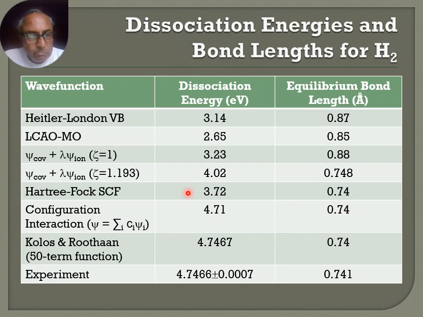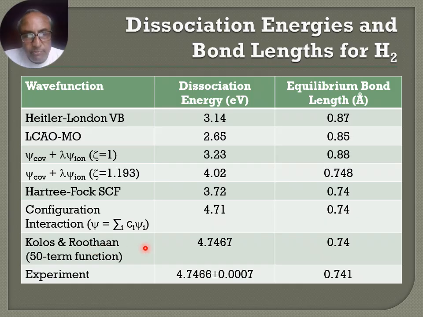Okay. The other methods: if we use the Hartree-Fock self-consistent field procedure, we get 3.72 electron volts dissociation energy and 0.74 angstroms equilibrium bond length. Using configuration interaction on the Hartree-Fock self-consistent field Slater determinant, we get a dissociation energy of 4.71 electron volts, much better, and an equilibrium bond length of 0.74 angstroms, which is within the experimental error.